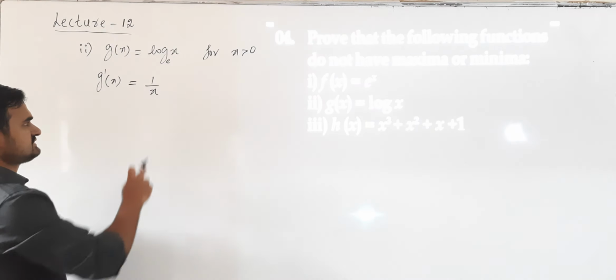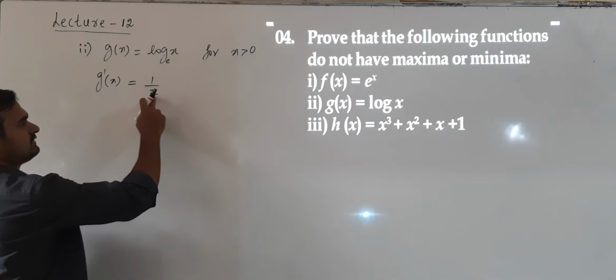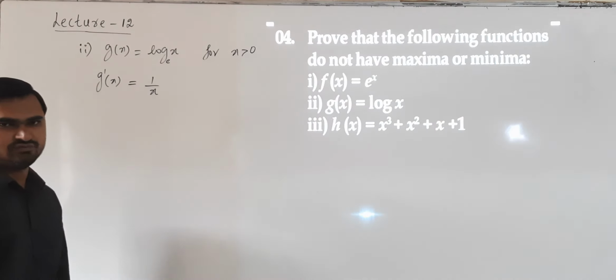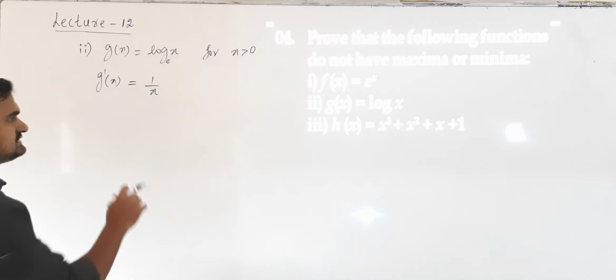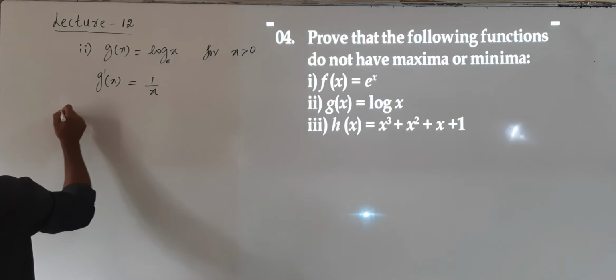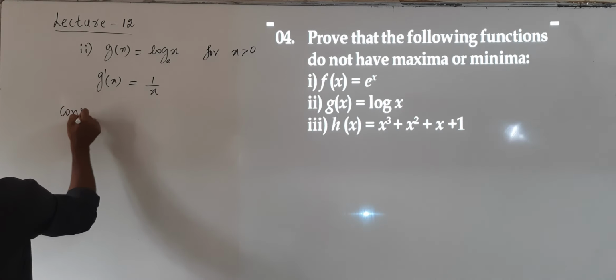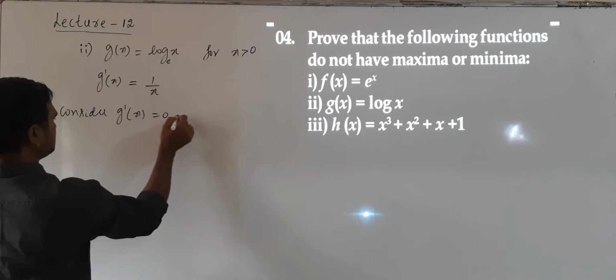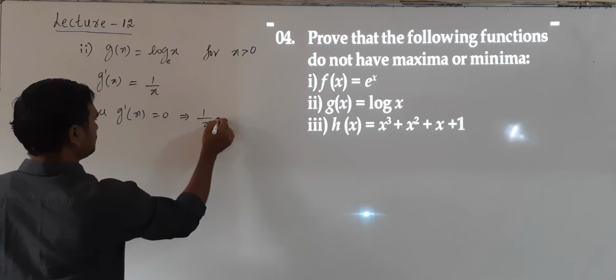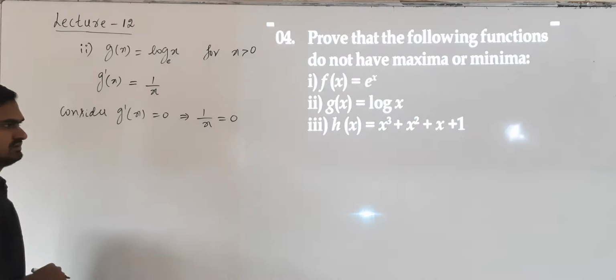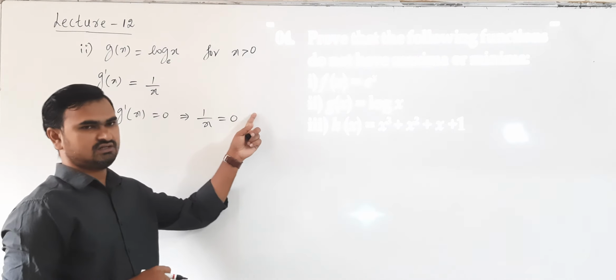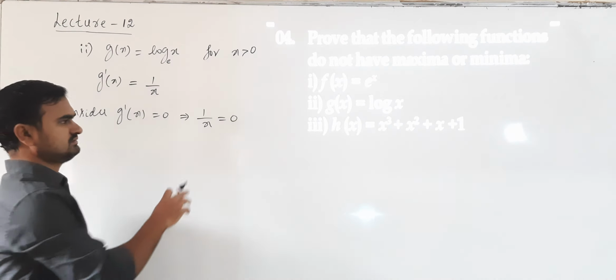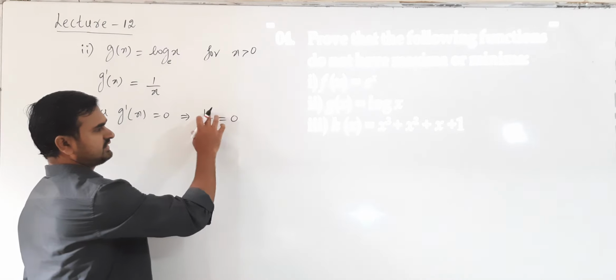Now, can 1 by x be equal to 0? For critical points, you should have g dash as 0. So consider g dash x is equal to 0. That is, 1 by x is equal to 0. So 1 by x equal to 0 means what is the x value? If I cross multiply, we get 1 equal to 0.